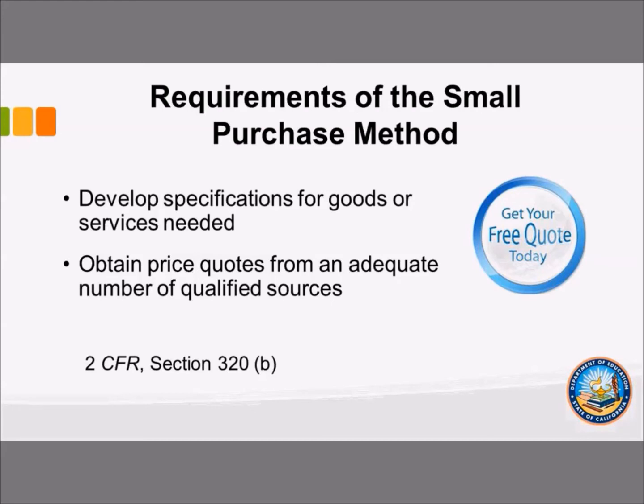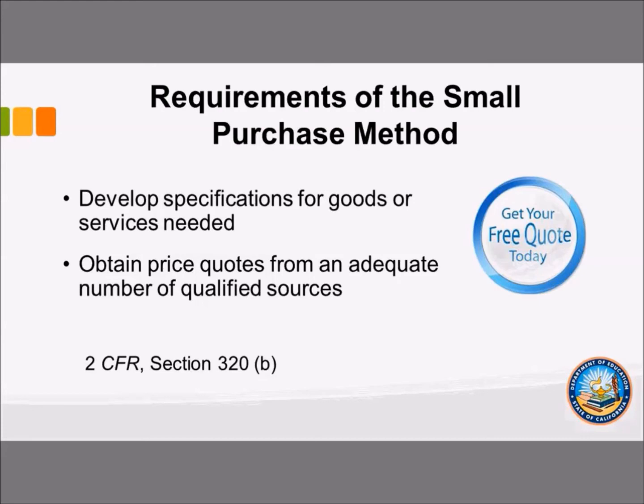What if an agency can only find one qualified source? The regulations allow what's referred to as non-competitive procurement under 4 criteria. The 4 criteria are, number 1, after solicitation, competition is deemed inadequate. This means an agency has done a proper job soliciting for goods or services and they only received 1 quote.